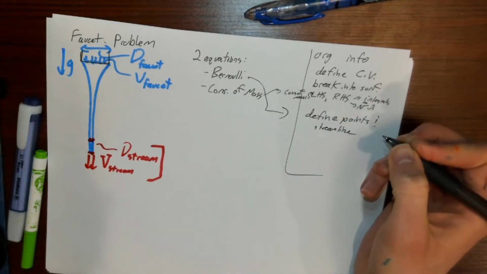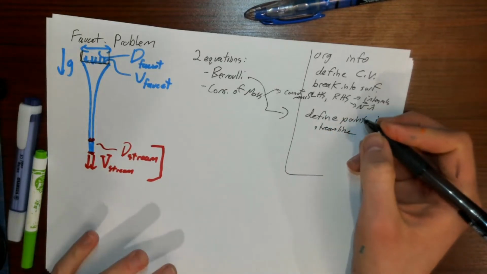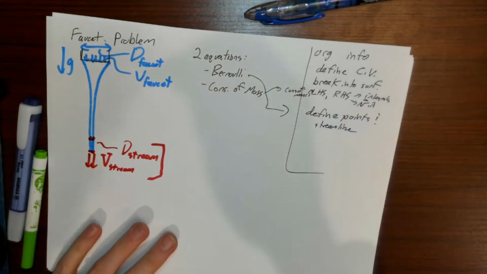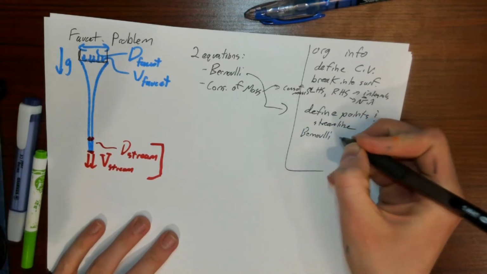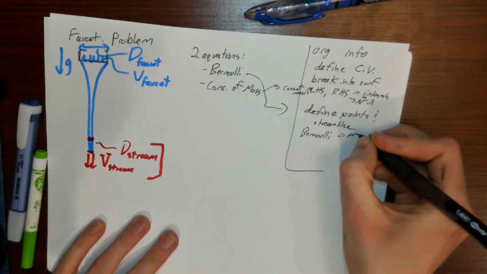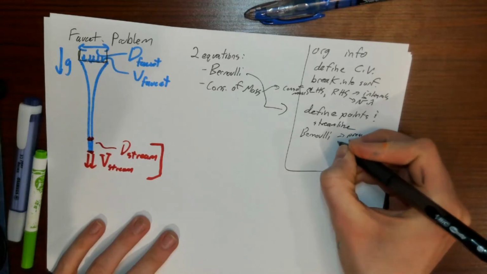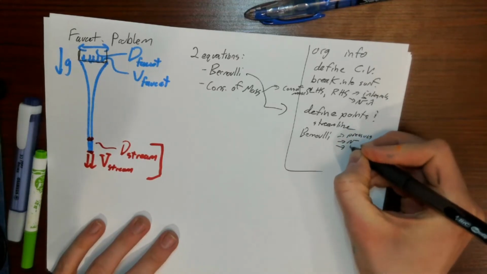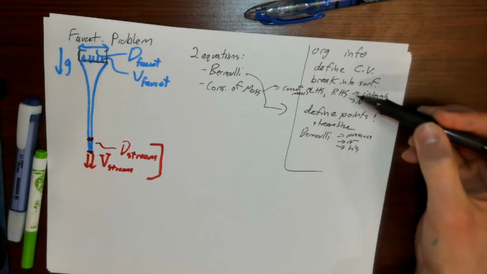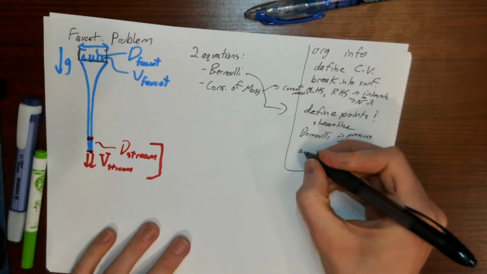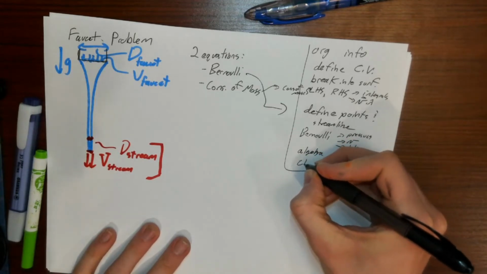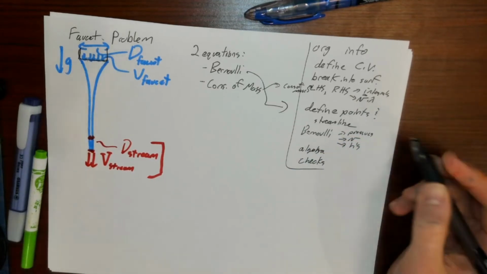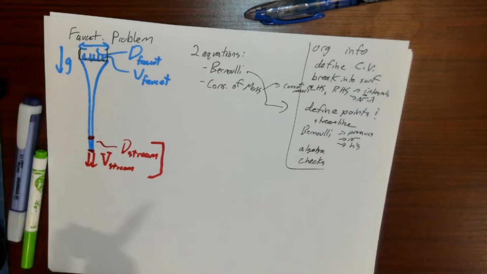And once we define those points and the streamline, then we can apply Bernoulli, and we'll think about pressures, velocities, and h's as well. Then we might need to do some algebra, and we'll do some checks at the end. So this is going to be our problem solving strategy.